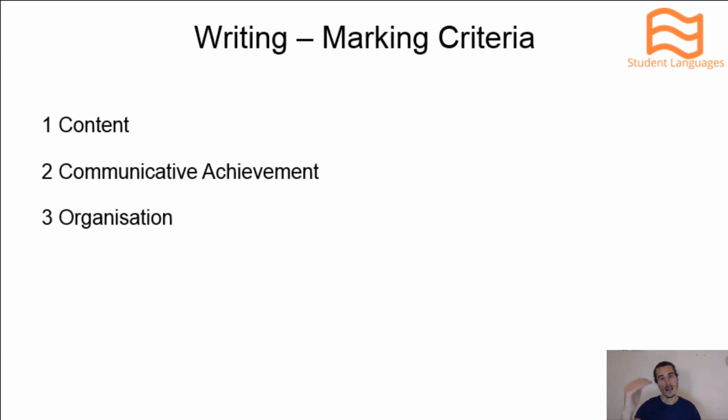Organization. Is your writing well organized? Language. Have you used a variety of language, different grammar structures, etc.? And we will look at these when we look at every different part of the writing exam. We're going to closely follow these marking criteria.